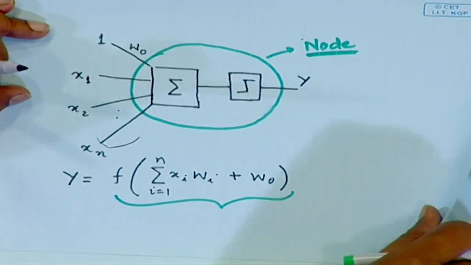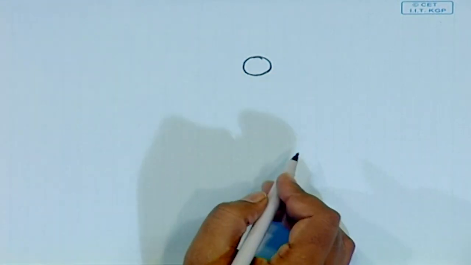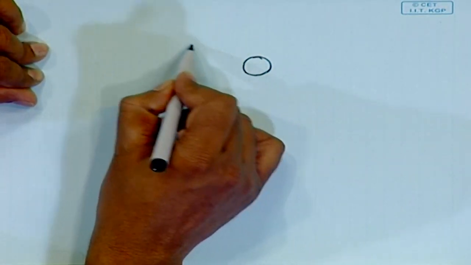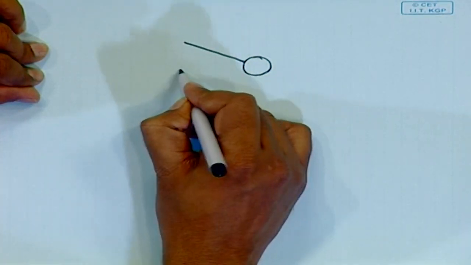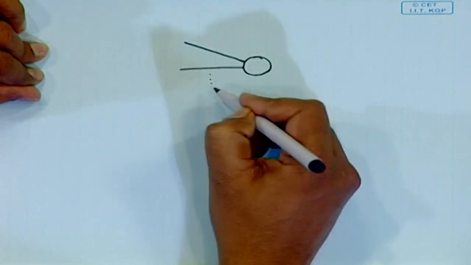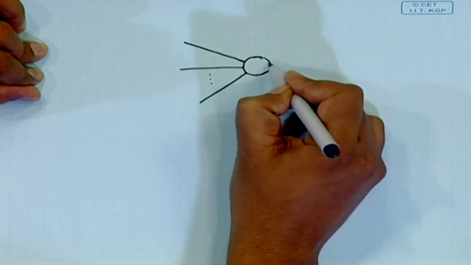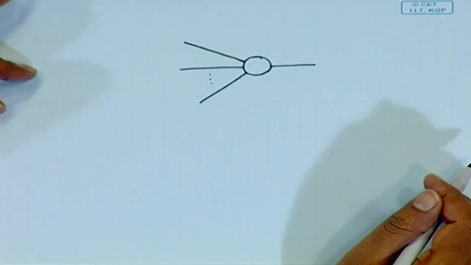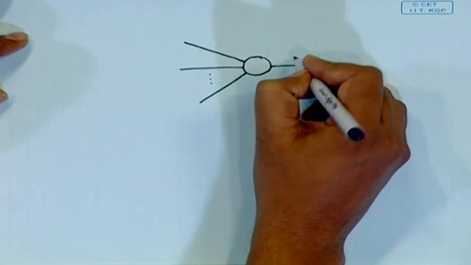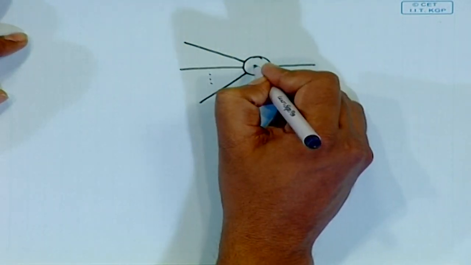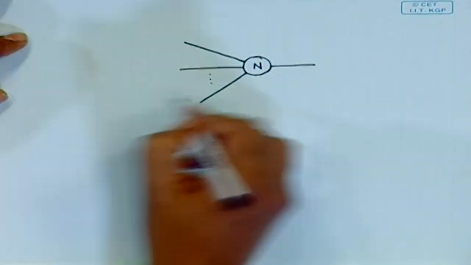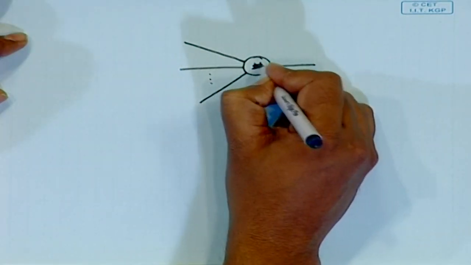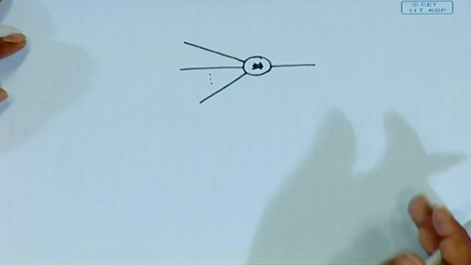Okay. So, a single output single layer perceptron is a single node something like this, which has a number of inputs and one output. So this is my neural node, or let me not use n because in many cases we are using n to represent the dimension.